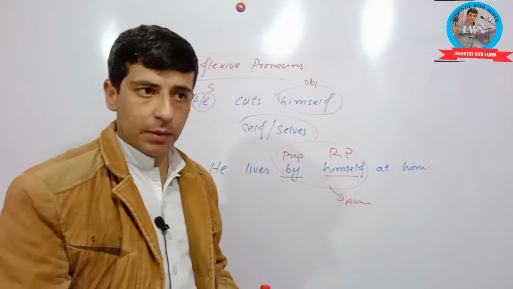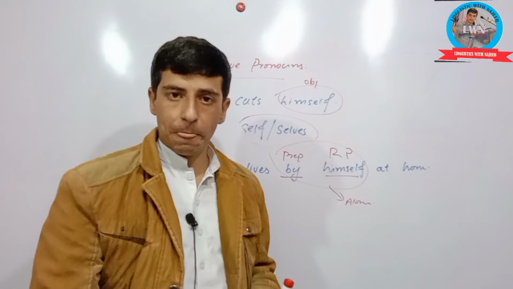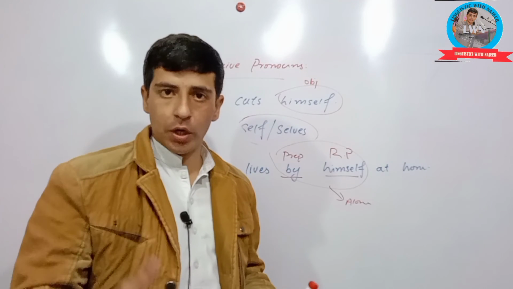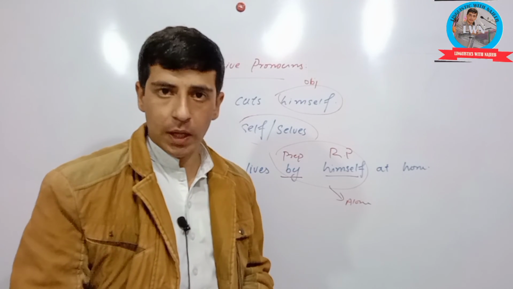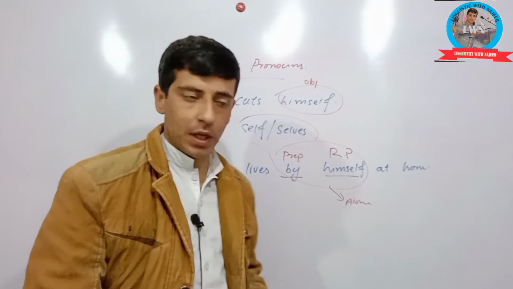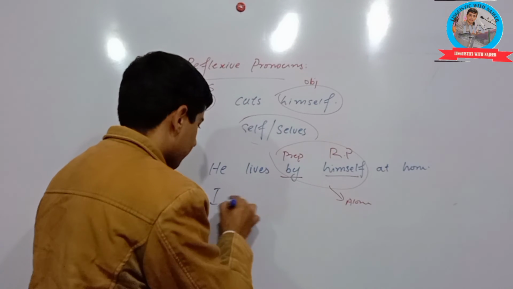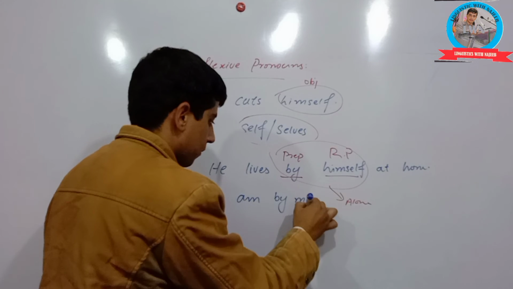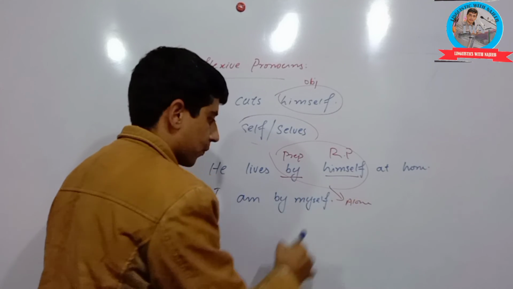Or you can say, if you ask somebody, who is with you? He can tell you, I am by myself. So if he says, I am by myself, means I'm alone.